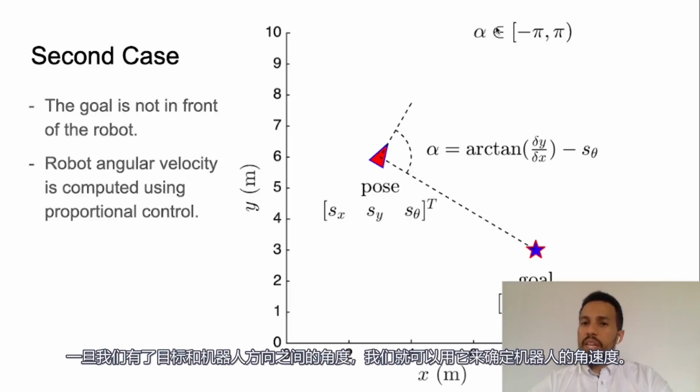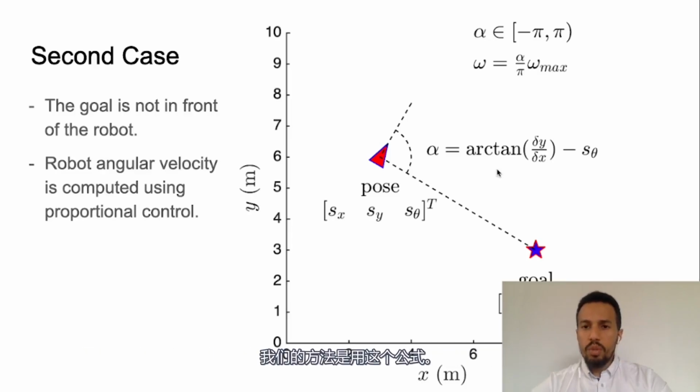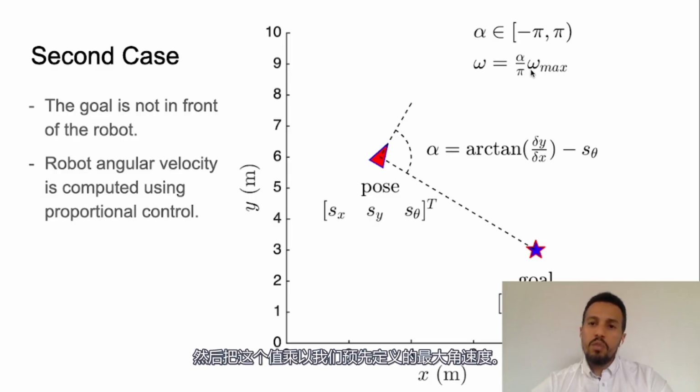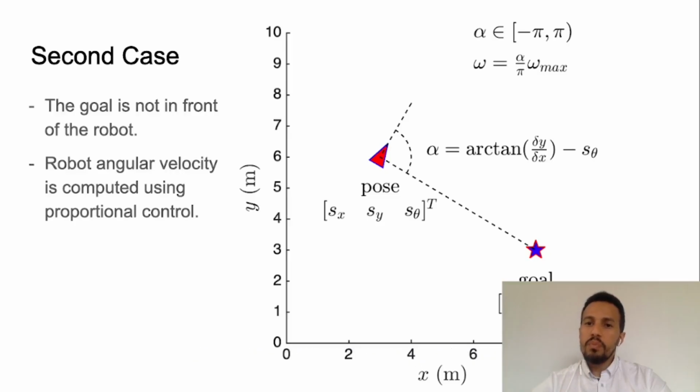Now, once we have that angle between the goal and the robot heading, we can use it to determine the angular velocity of the robot. The way we do so is by using this formula, where we first normalize alpha by dividing it by pi, such that we have a value between minus 1 and 1, and then we multiply that value by a maximum angular velocity that we define beforehand.